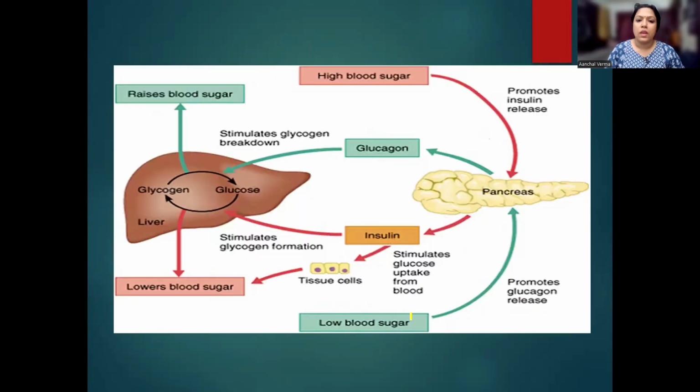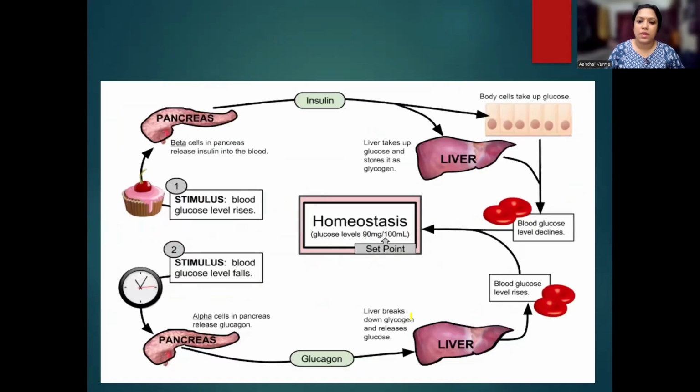Okay. Now, this is your regulation of blood glucose. I'll give you a better example. Yeah, this one is better to understand. Now, you can see here that when you eat cake, the glucose level increases in your blood. As the level of glucose increases in the blood, it is sensed by the hypothalamus.